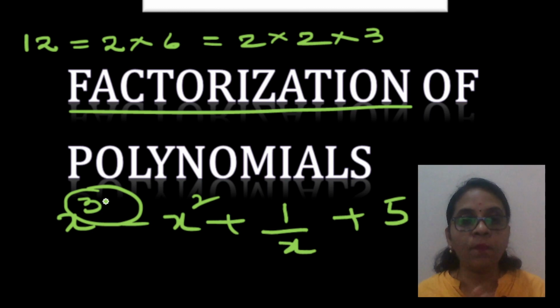A polynomial has only a positive power. If it is a multinomial which has more than 3 terms, then you need not bother. So that is the difference between a polynomial and a multinomial.